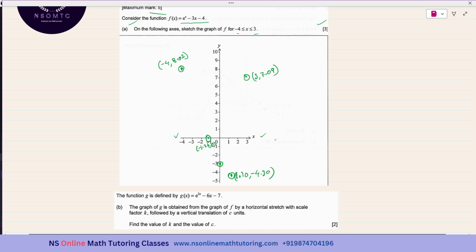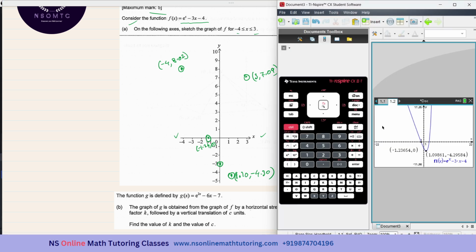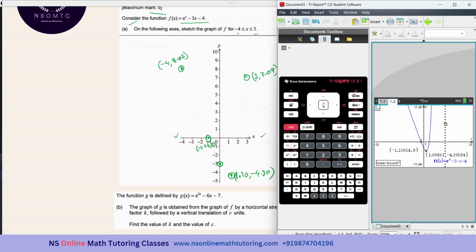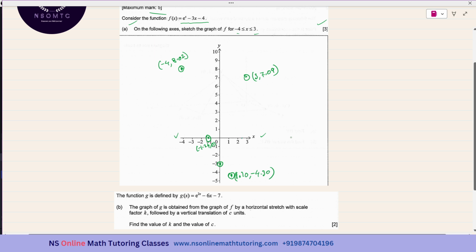This is the point. And the other point is 2.42, maybe somewhere over here.